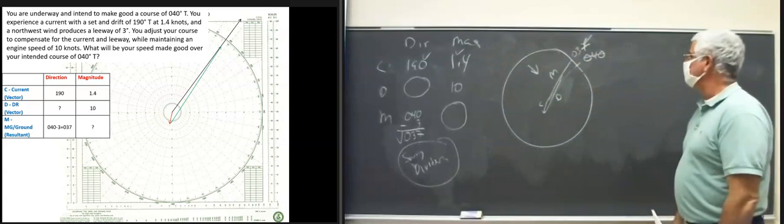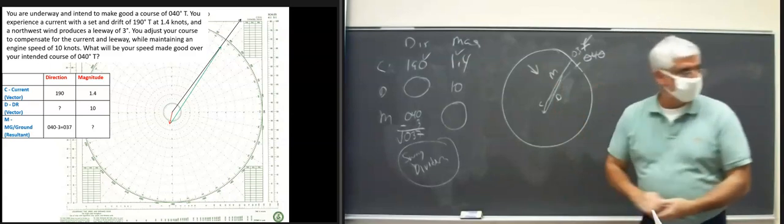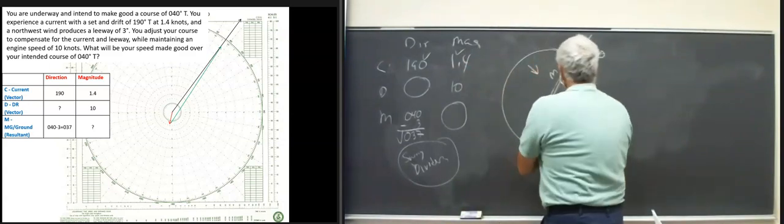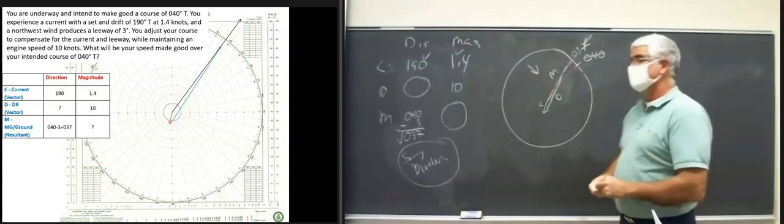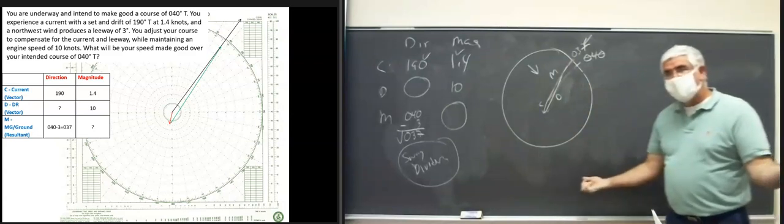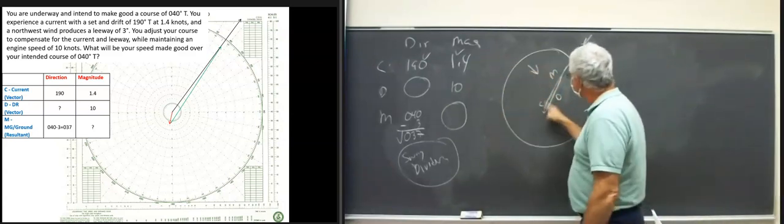Which line are you going to pull it off? There's a yellow line, there's a red line, there's the white line. I want to get the course to steer. What color line are you going to pull it off of? Yellow. Yes. And you knew that because you labeled your lines and you know you're looking for something on the B line.